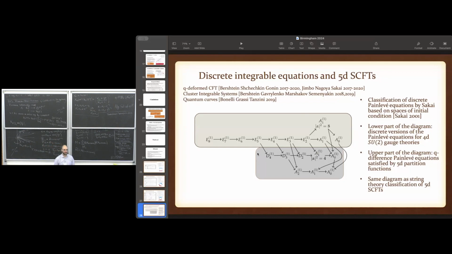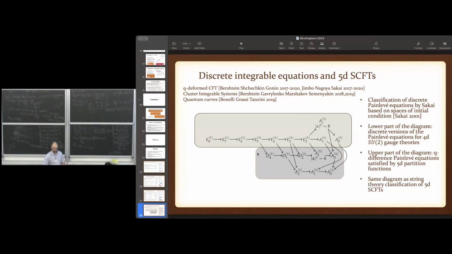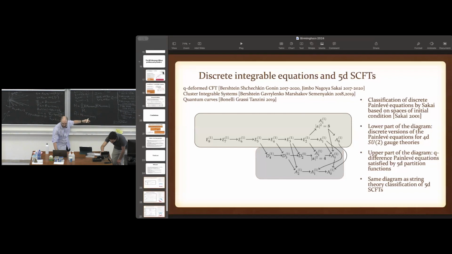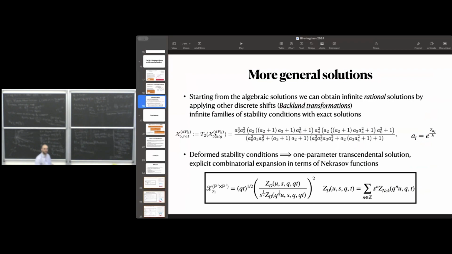So there are many flows, they correspond to different chambers. And if you start with a solution with respect to one flow, the other ones act as an infinite dimensional group of symmetries. They act as Bäcklund transformations of the integrable system. This is their name.